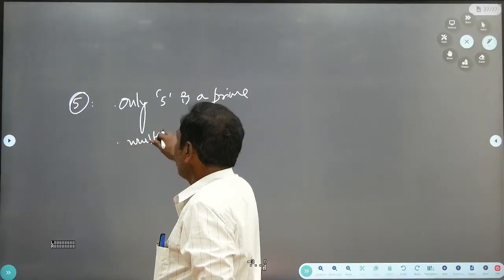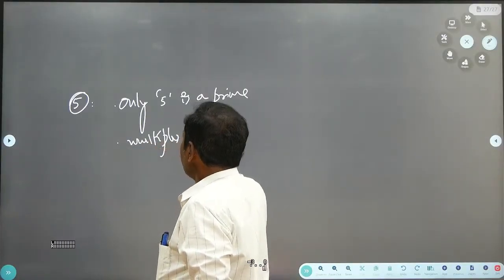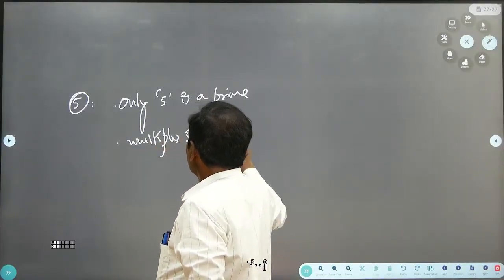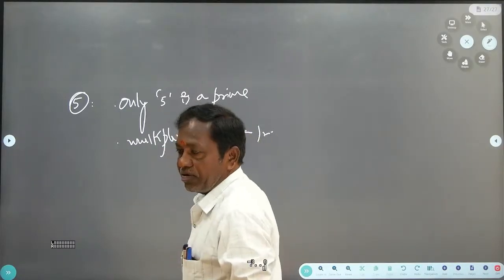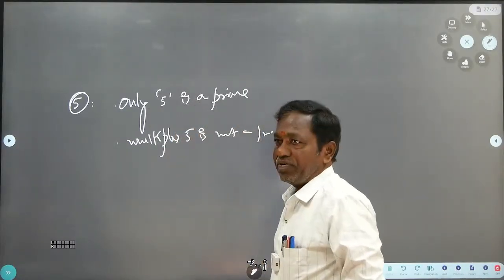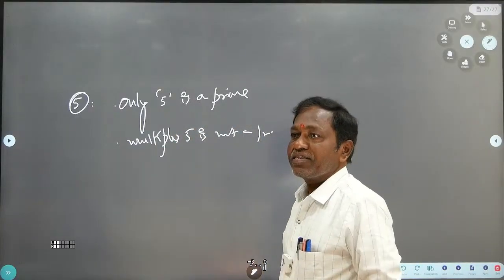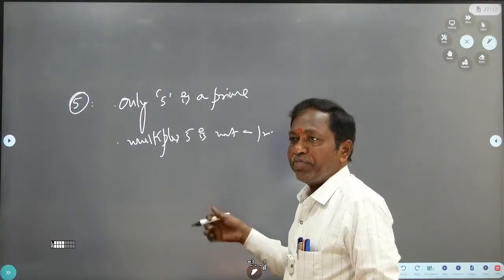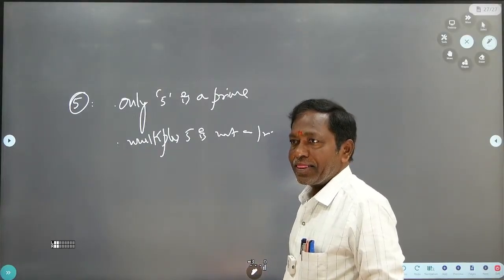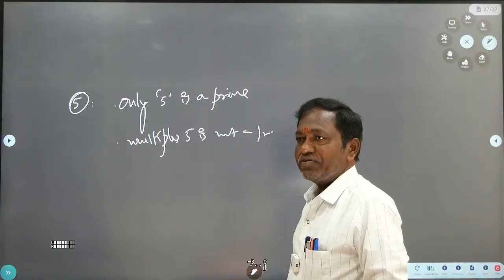Multiples of 5 are not prime. It's always not a prime number. Multiples of any prime number are not prime numbers, because for every prime number it will come like that only. 7 sevens are 49. 7 sevens are 49, which is not 7.